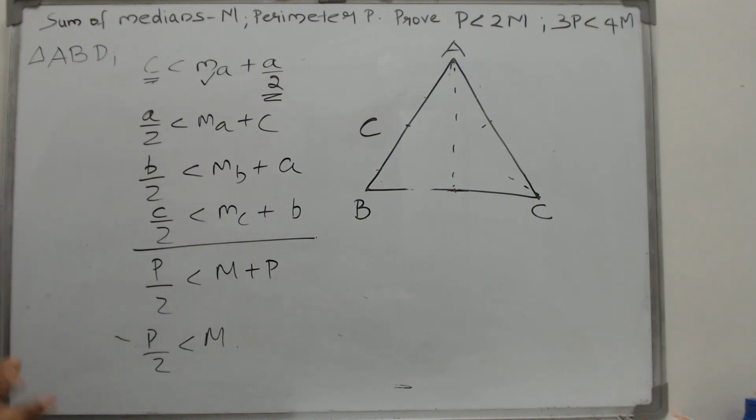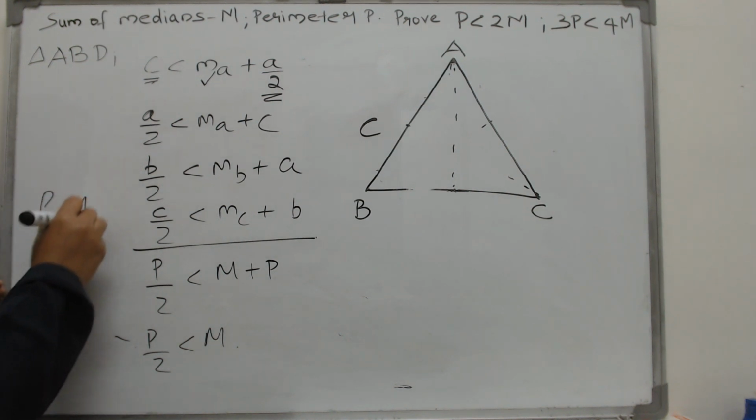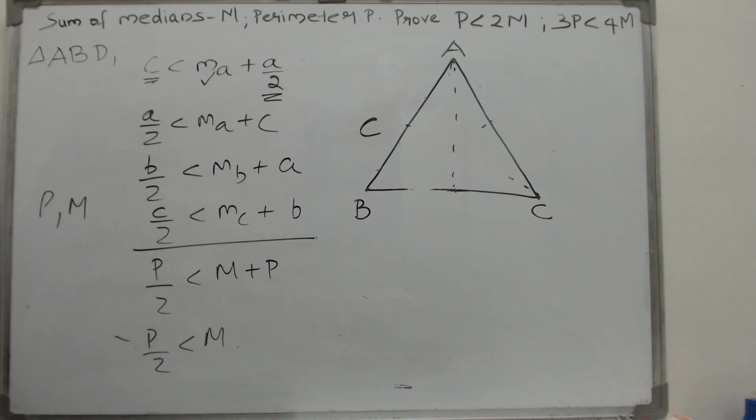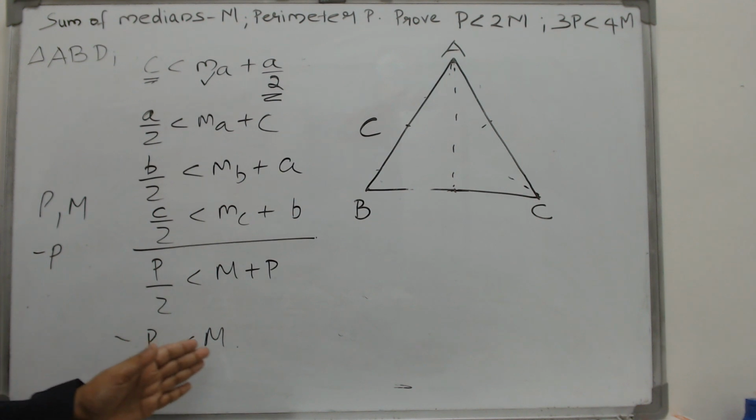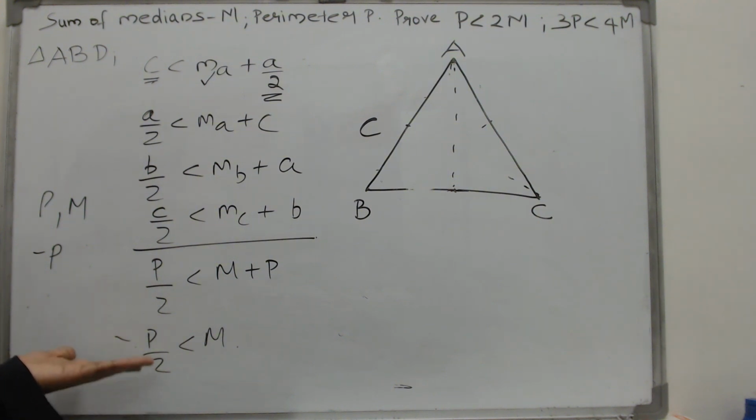Is it correct? Yes, it is. Why? Because both P and M are the measure of line segments, so they have to be positive. Then minus P would be negative. Any negative number is going to be less than a positive number. Is this result correct? Yes, it is. But it is not going to help us.